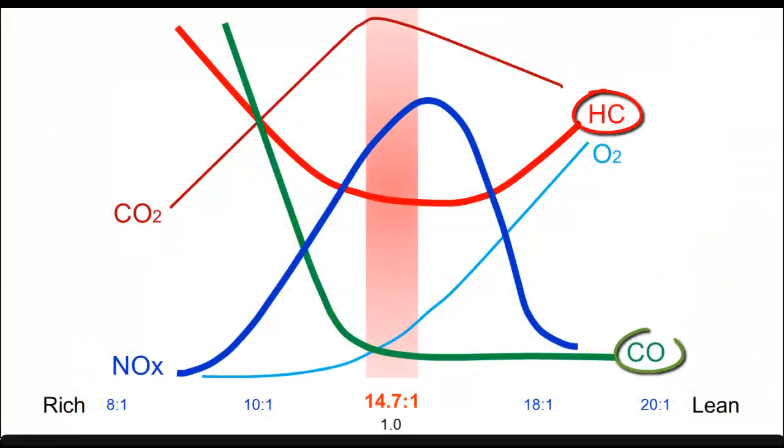Hydrocarbons, carbon monoxide, and oxides of nitrogen are all 0 to very low, having been cleaned up by the catalytic converter. Carbon dioxide and oxygen continue to be useful indicators of mixture. If carbon dioxide is off-peak, we look to oxygen as an indicator. If oxygen is low, we know we're rich of stoichiometric.